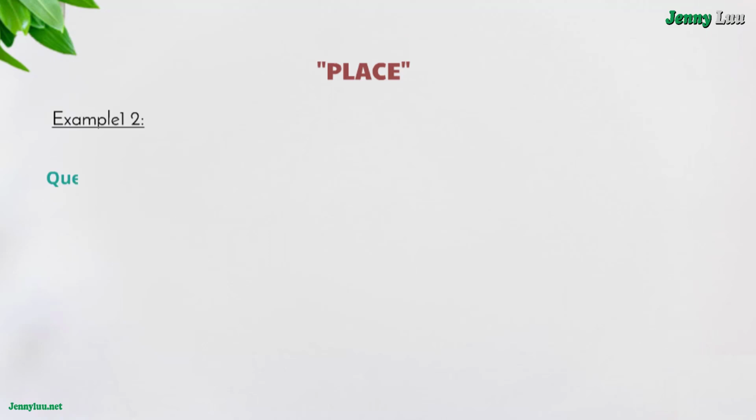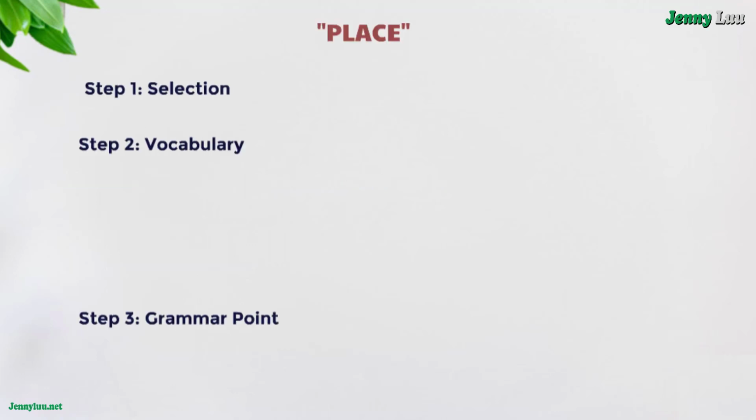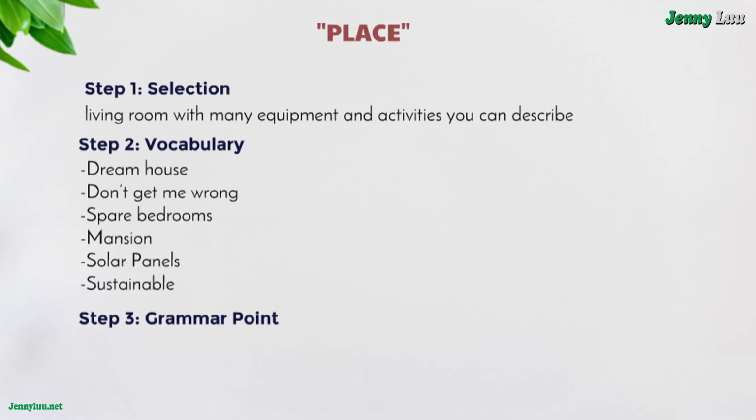Now we can choose any place topic cards to practice. Example 2. Describe your idea of the perfect house. You should say what room it is, what it looks like, what you use it for, and why it is your favorite. Step 1, Selection.